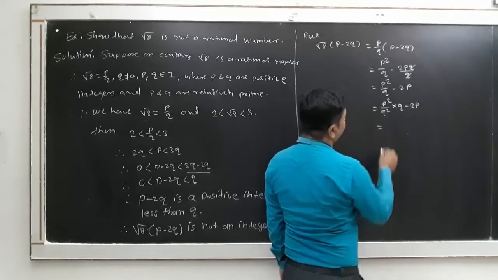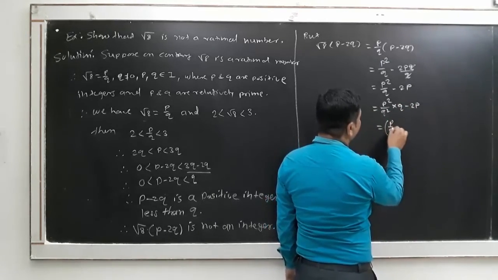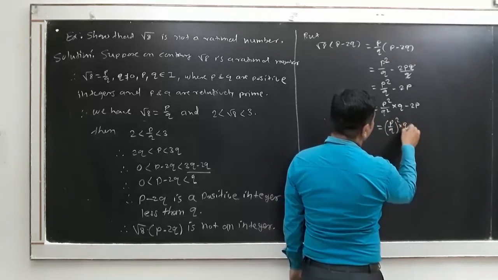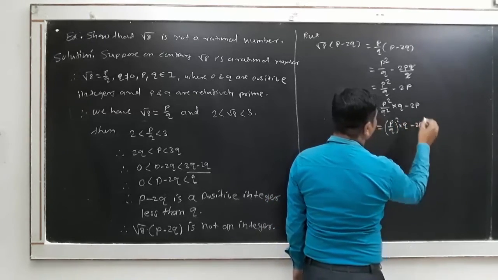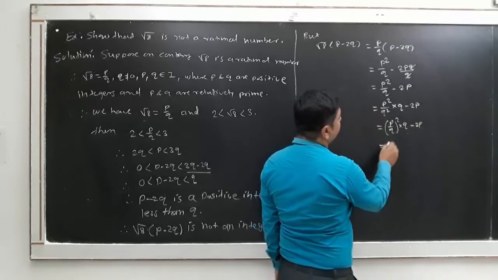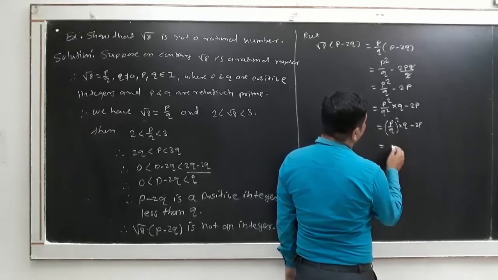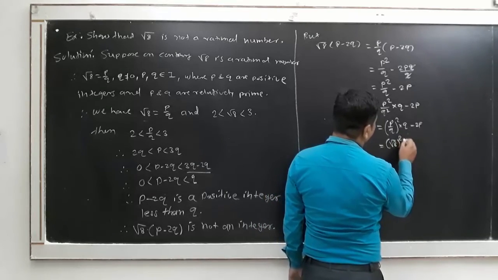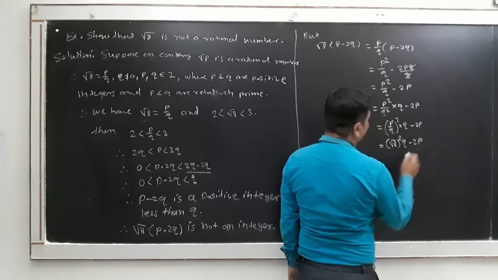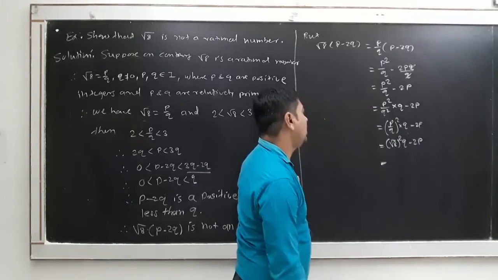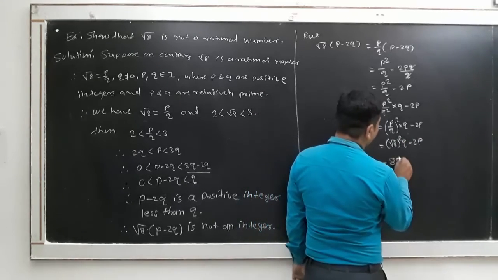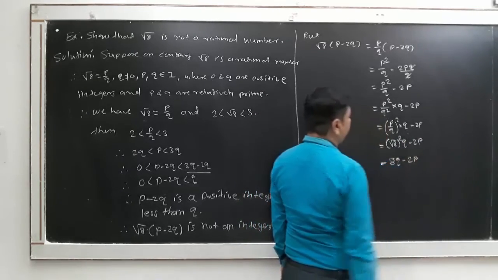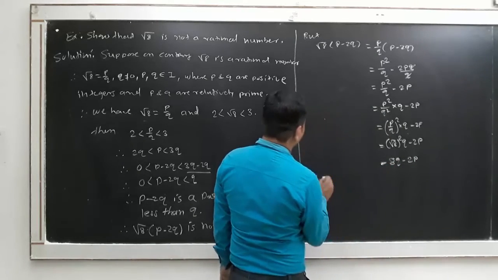This is nothing but root 8 square into Q minus 2P, which is equal to 8Q minus 2P.